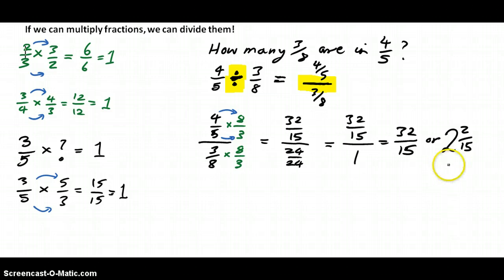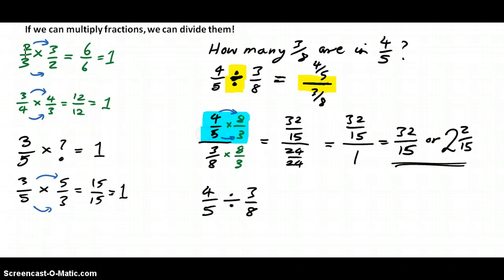I know it's a little bit complicated, and I know it's a little bit hard to understand in the sense of dividing one fraction by another, but can you see now what's happened? When we divide two fractions, this is why that rule that you probably all know works.